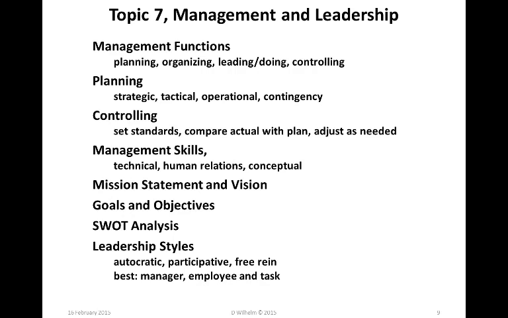Operational planning is the daily, weekly, monthly planning that is probably done by first-level managers. In between those is tactical planning, which is more detailed and immediate than strategic, but not so detailed and immediate as operational.